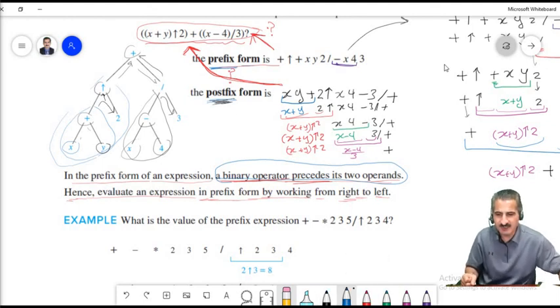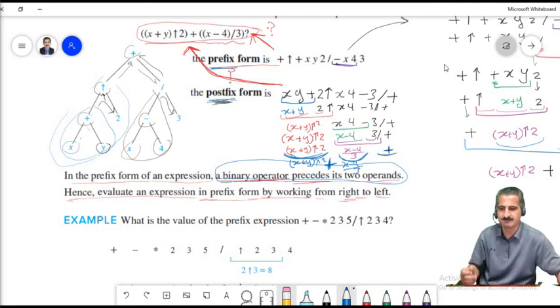We have this operand and this operand and this operation. So what we have, I need some space in here, is this operand plus the other one. So it is (x plus y) to power 2 plus, so this plus is the one here. So plus that (x minus 4) over 3. Okay.